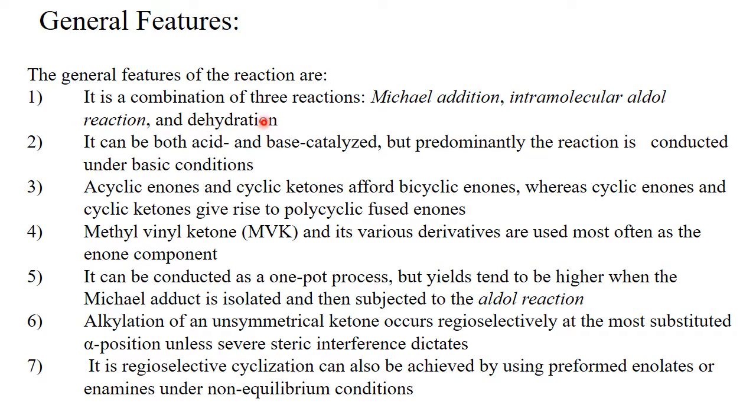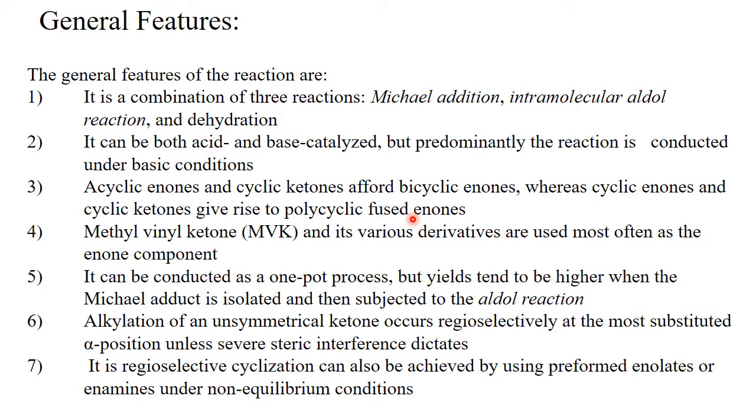Remember, in the previous slide I told you that the addition of an enolate to an alpha beta unsaturated carbonyl compound is called Michael addition. The second reaction is intramolecular aldol reaction, in which an aldol is formed, and the third sub-reaction is the dehydration reaction.